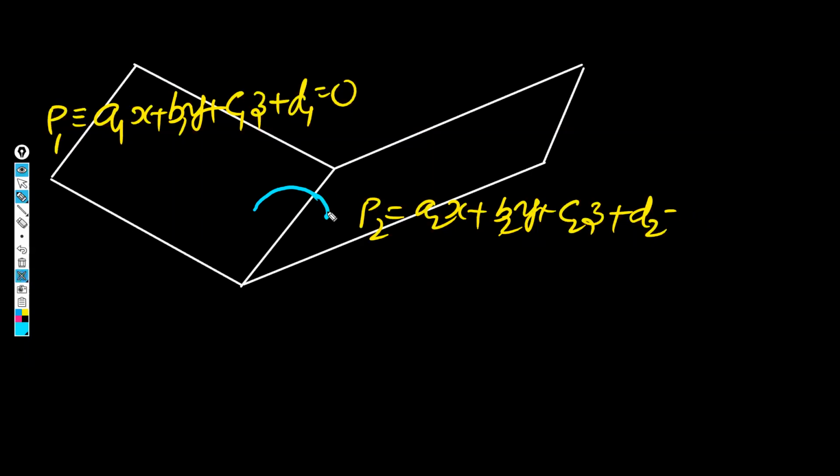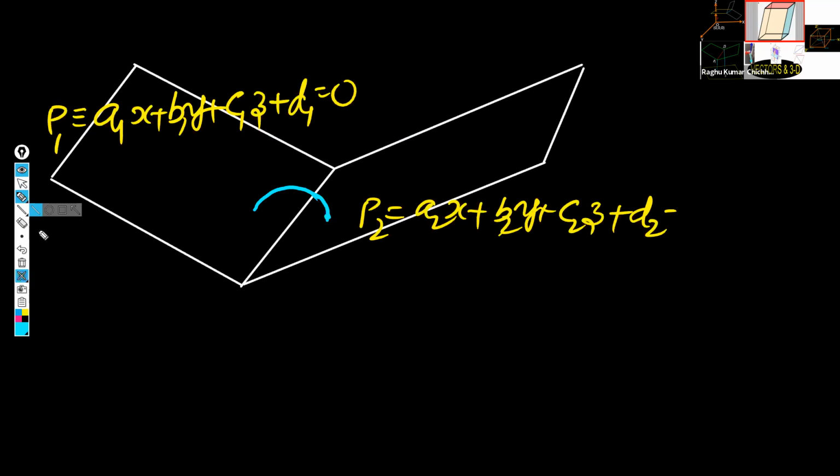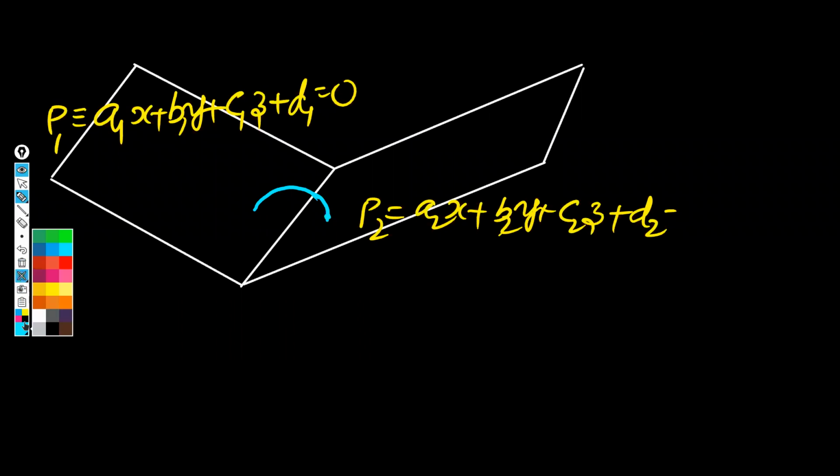Now, A1x plus B1y plus C1z plus D1 by root of A1 square plus B1 square plus C1 square is equal to A2x plus B2y plus C2z plus D2 by root of A2 square plus B2 square plus C2 square. Perfectly, but you must include plus or minus there.